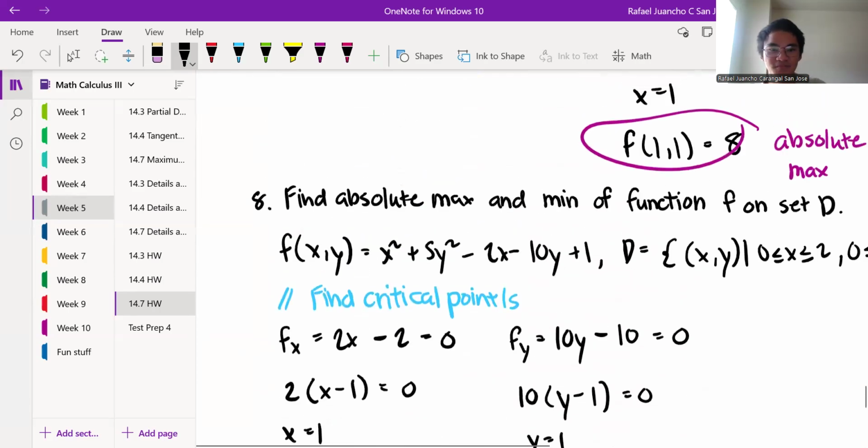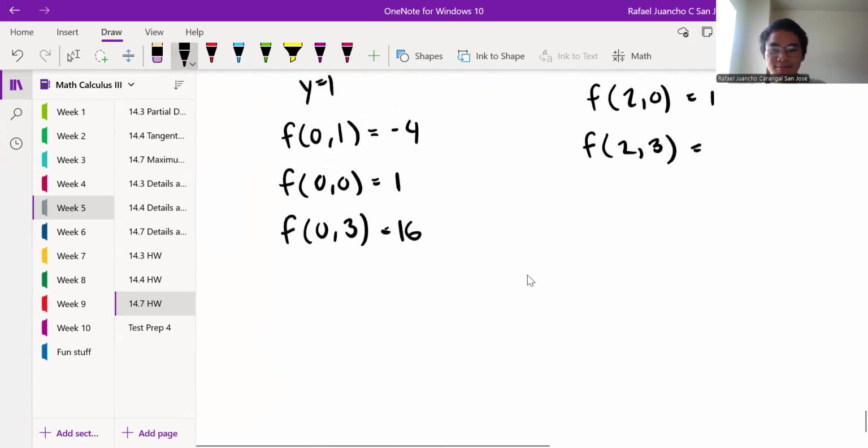2 and 3. 2, 3, 4, 9, 45. Minus 4, that's 0. Minus 10. Oh, I actually do get the same thing. Because this is minus 30 plus 1. So I get 16. I still do get the same thing.